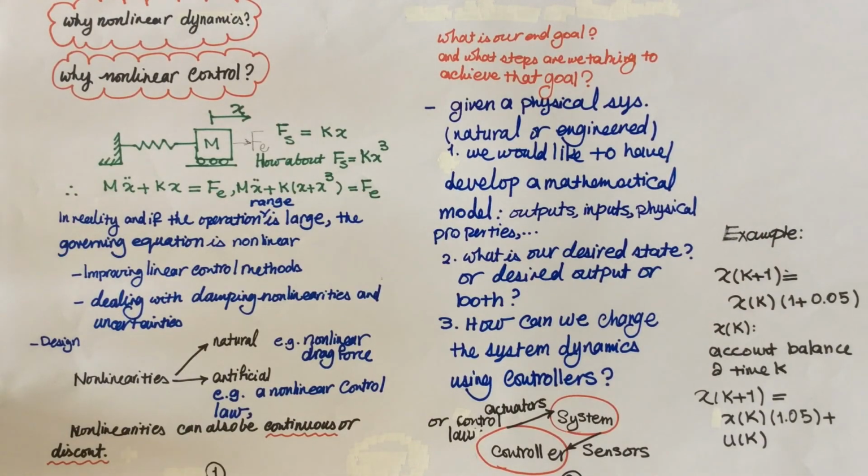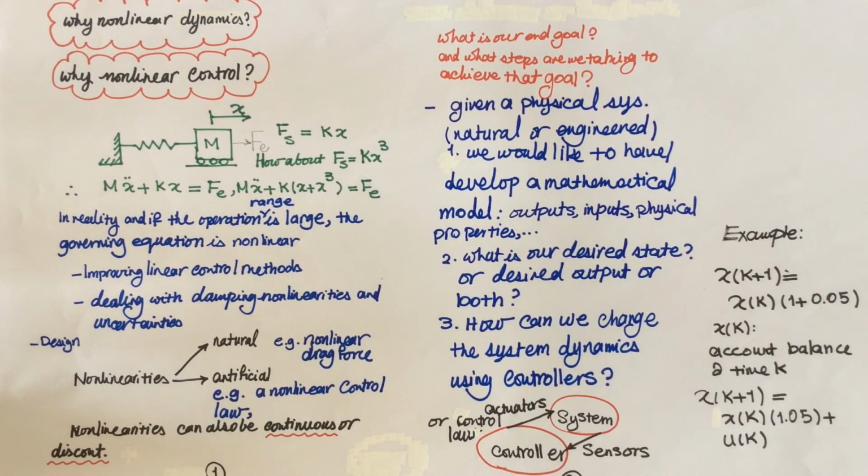And then this is my desired state, but then you would say, all right, does the natural dynamics of the system provide me with that desired result? If it does not, then I'm going to say, all right, can I design a controller to force the system to stay in that range?